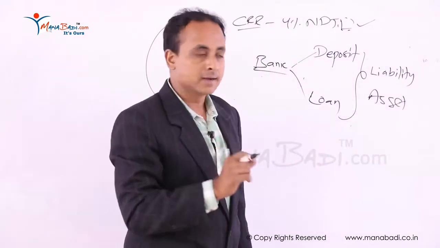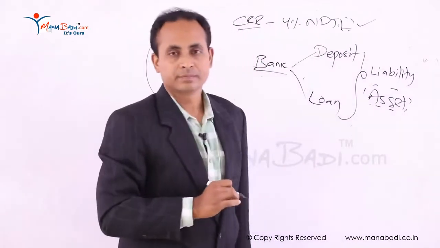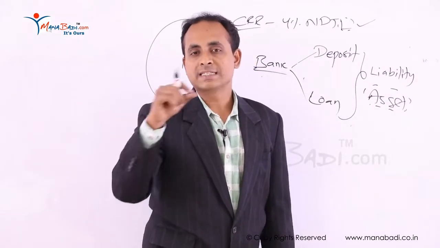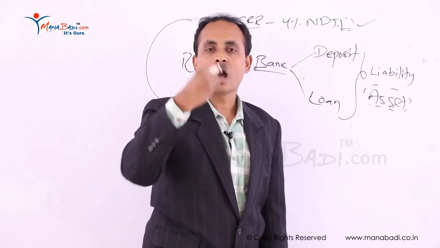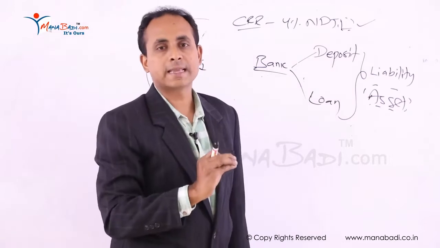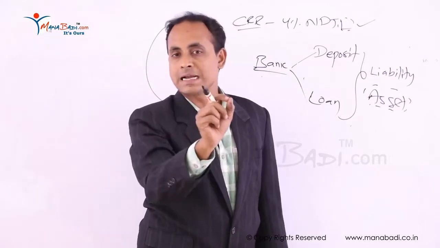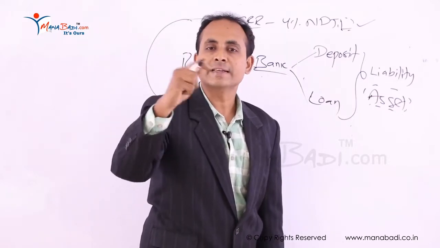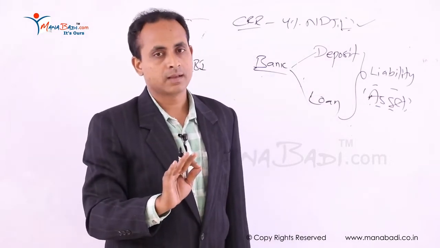See here, asset means something profitable, income generating. For example, I give 100 rupees to you, on the condition that after 1 year you return that 100 rupees along with 3% interest.